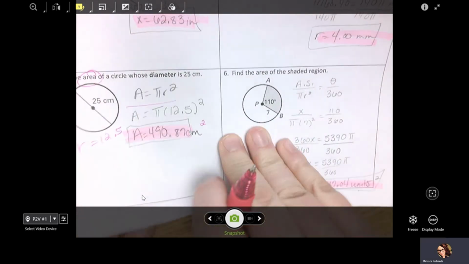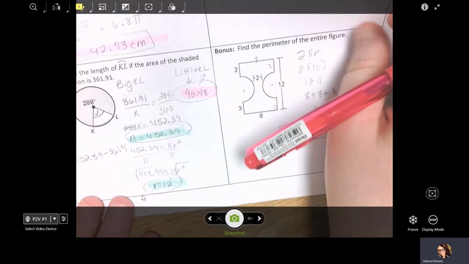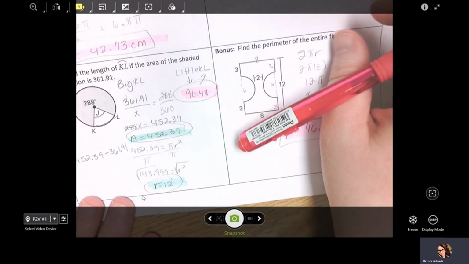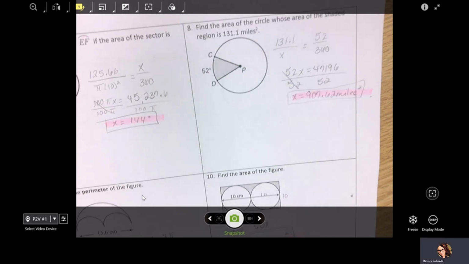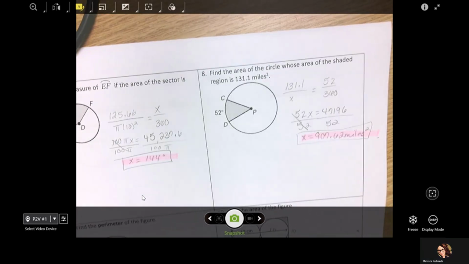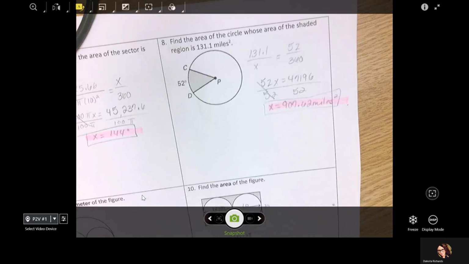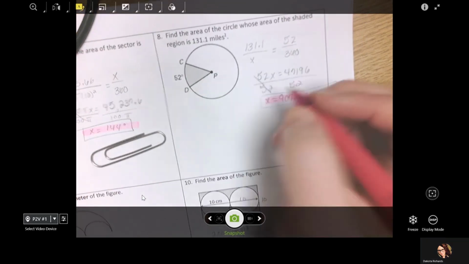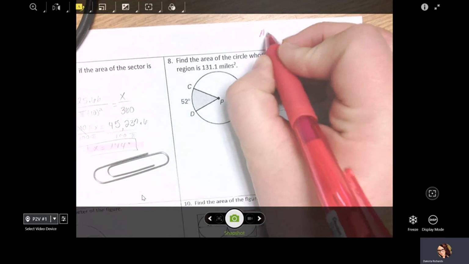Okay, so on the back page, you wanted me to go over questions 8 and 10. Okay, so number 8. The area of a sector formula, I'm going to write it up here.